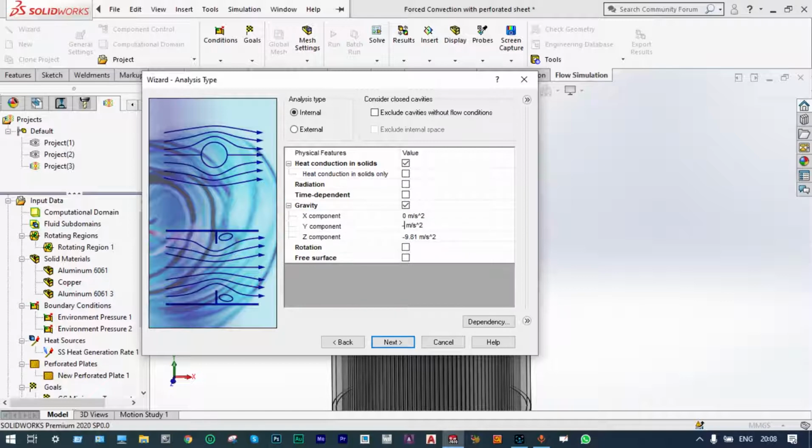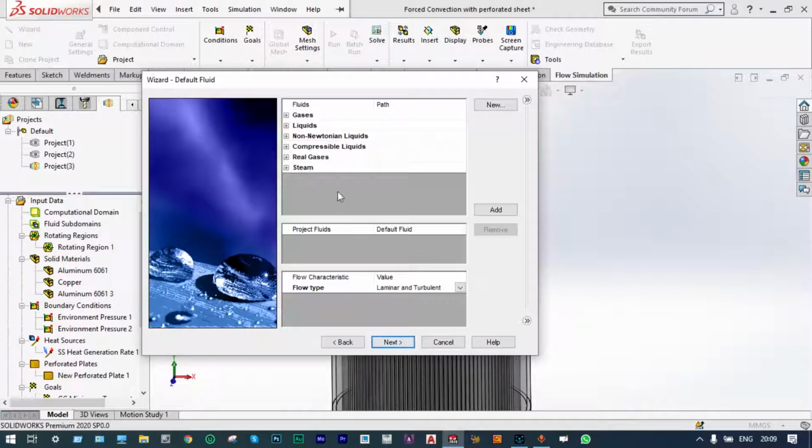So along the y direction it will be minus 9.81 meter per second squared, and along the z component its value will be 0. And rotation will be involved as from the top we are providing one fan for initiation of forced flow convective heat transfer.